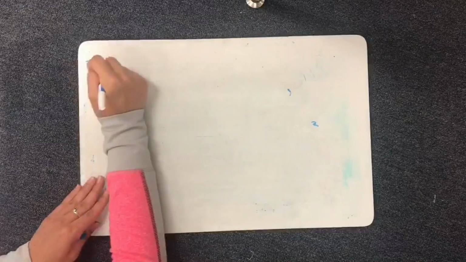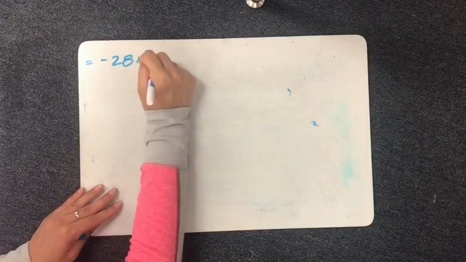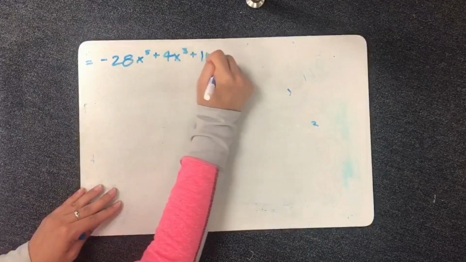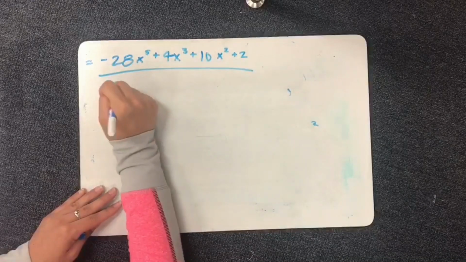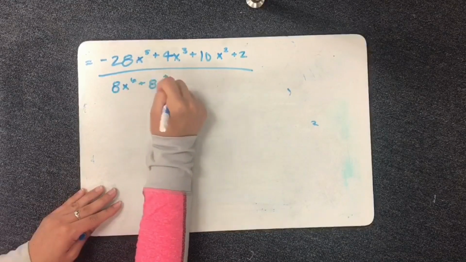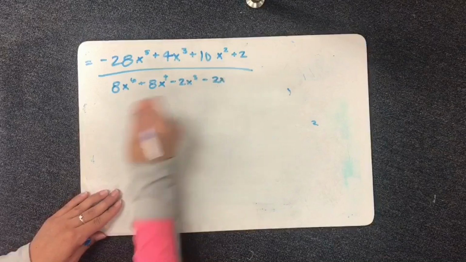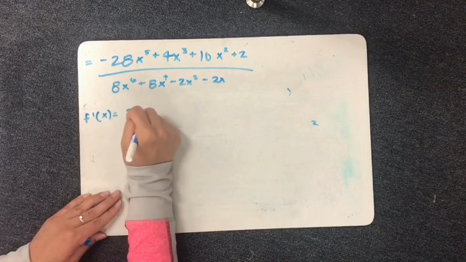Which equals negative 28x to the fifth plus 4x to the third plus 10x squared plus 2 all over 8x to the sixth plus 8x to the fourth minus 2x to the third minus 2x.